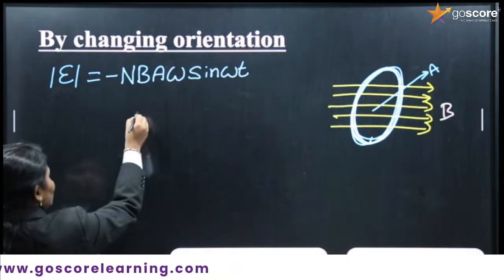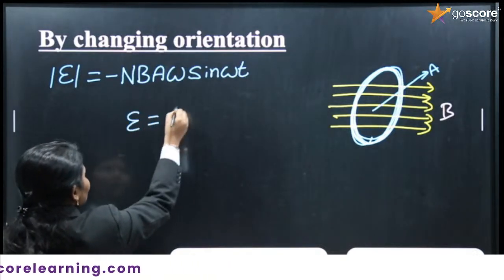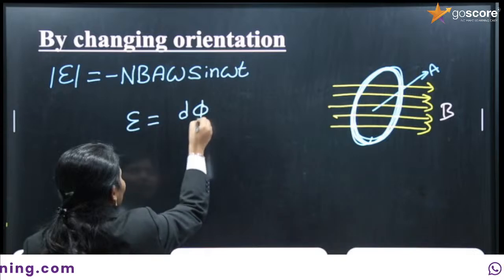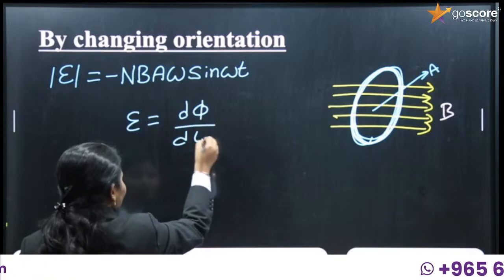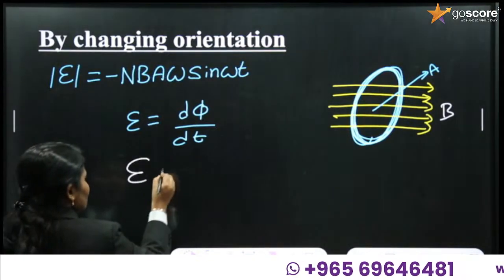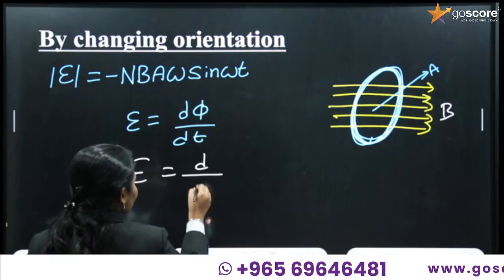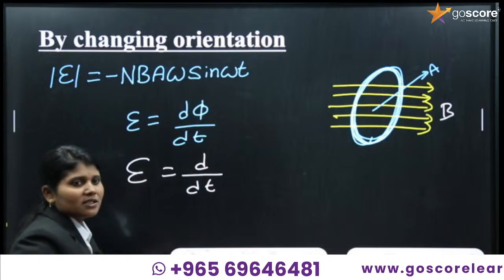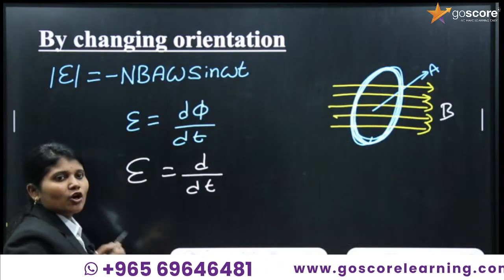What is happening? We know that E is equal to d phi by dt. E is equal to d by dt of phi, and we know that phi is equal to BA cos theta.